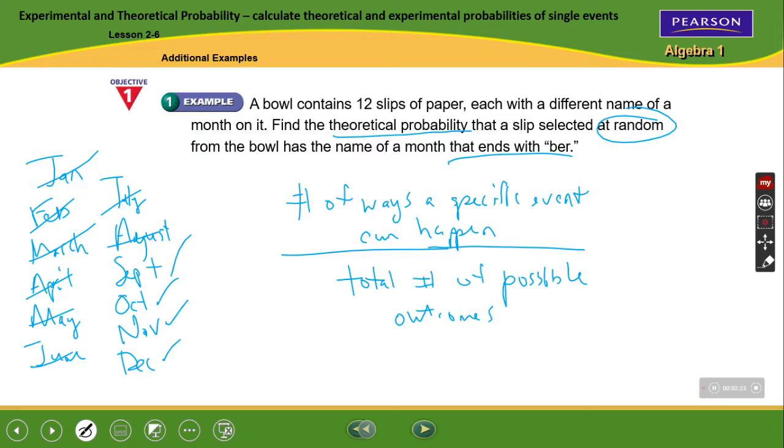So in this case, how many ways can our specific event happen? How many ways can we pick a slip that ends with "ber"? Well, there's only 4 ways because there's 4 months.